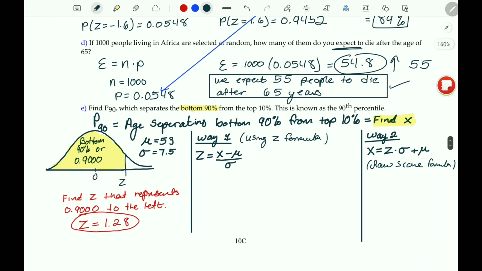Okay, give a little bit of variety to both sides. So our z-score is 1.28. So 1.28 is going to equal x, which is unknown for right now, minus the mean of 53, divided by the standard deviation of 7.5.